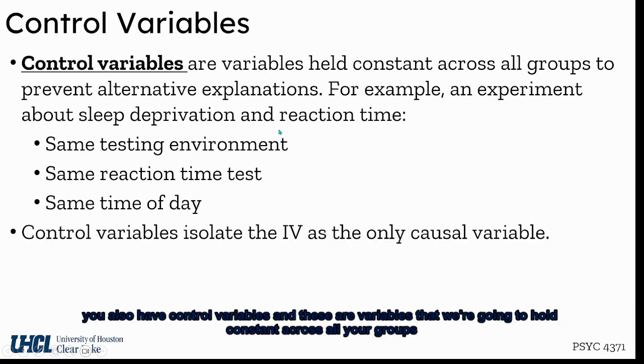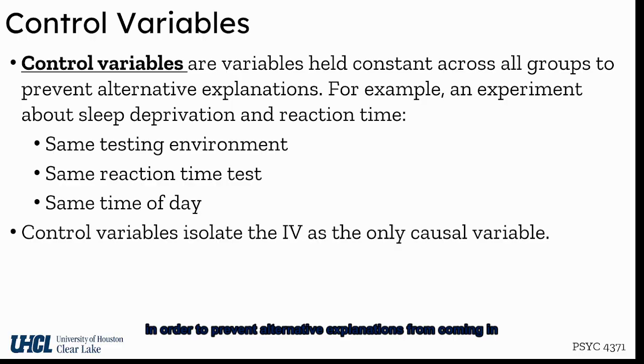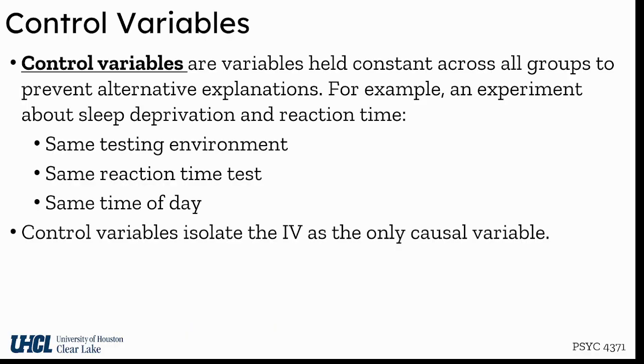You also have control variables, and these are variables that we're going to hold constant across all your groups in order to prevent alternative explanations from coming in. So imagine that you're doing an experiment about sleep deprivation and reaction time. So my independent variable is sleep deprivation. My dependent variable is reaction time.